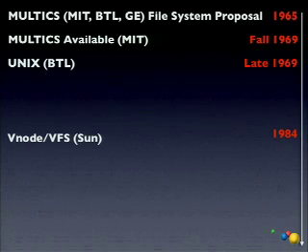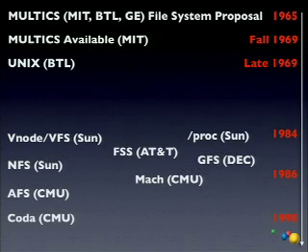But '84 was a long time ago. What happened? There were lots of other developments in distributed file systems, and even vnode VFS was not the only thing. Companies like AT&T and DEC had essentially the same ideas and essentially the same solution independently done. But for various reasons we will not and shouldn't go into here, there's no time, vnode VFS prevailed, and that remains the way of doing things even now.